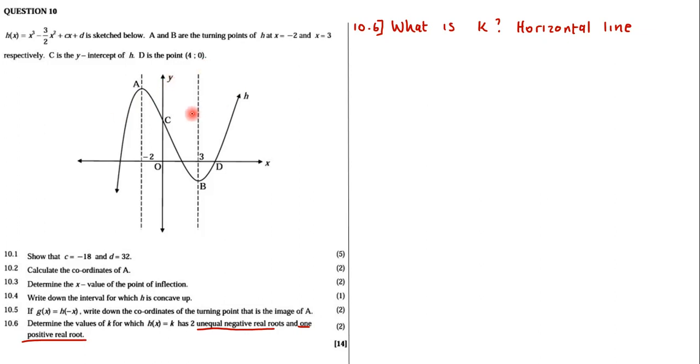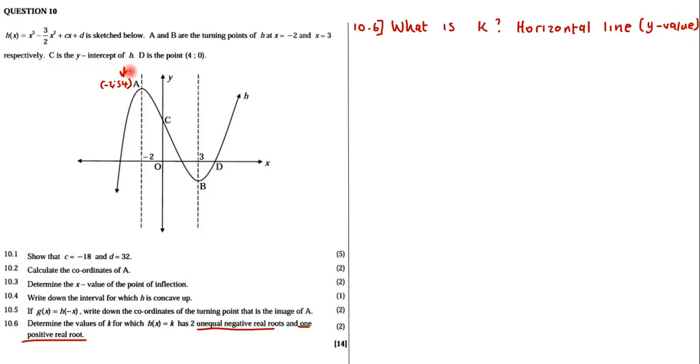Now to answer this, we first need to look at critical values. The critical values here are the turning points. If you remember the turning point here, it was -2, 54. So the critical point there is that 54, because remember k is a horizontal line, which means it is a y value.